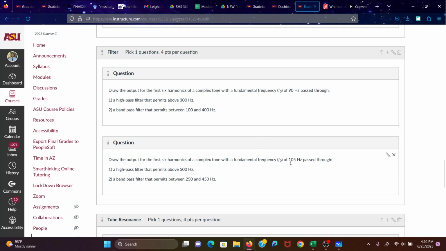And this one has a fundamental frequency of 105. So let's do the first part of this for each question. First 6 harmonics of a complex tone with 90 and a first 6 harmonics of a complex tone with 105. I'm going to draw a line down the middle. Here we're going to do 90 hertz, and here we're going to do 105.